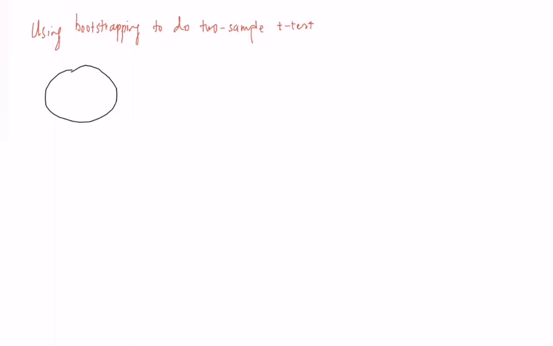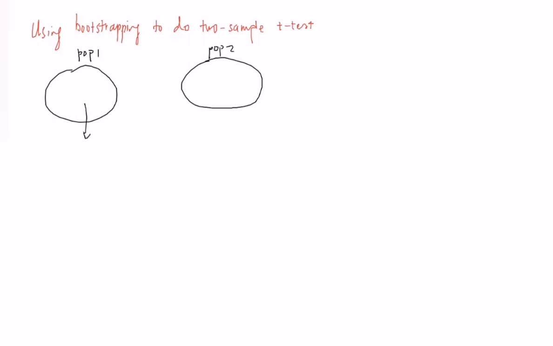Okay, so using bootstrapping to do a two-sample t-test, right? So first thing is you basically have two populations, population 1, population 2, from which you draw a random sample.